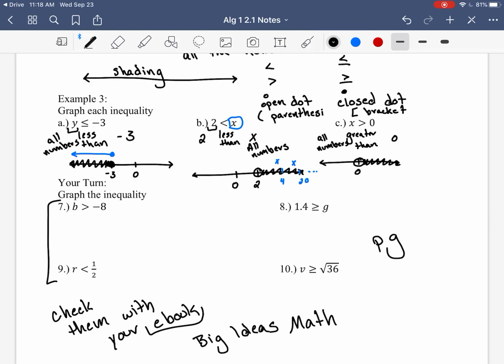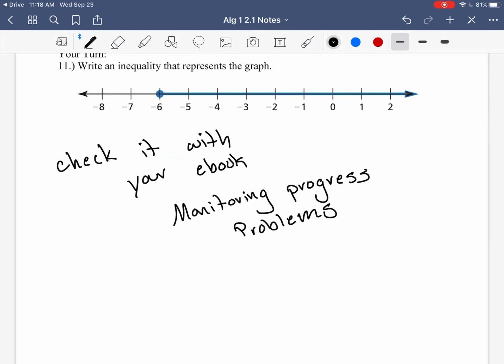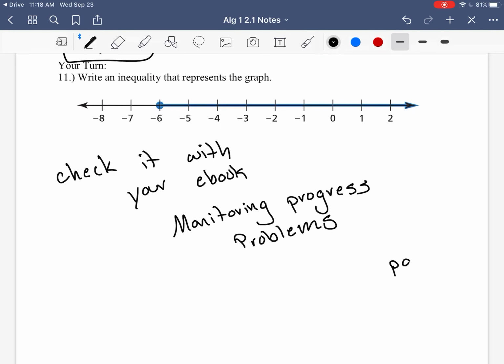Those are located in your book on page 56. And this one, 11, is on page 57 in your ebook. So if you go to your ebook, section 2.1, you'll be able to find those. And then they have a little audio, a little video that you can see what the answers to those are.